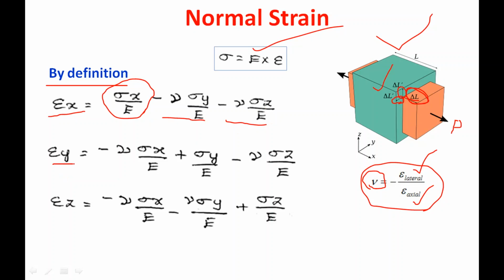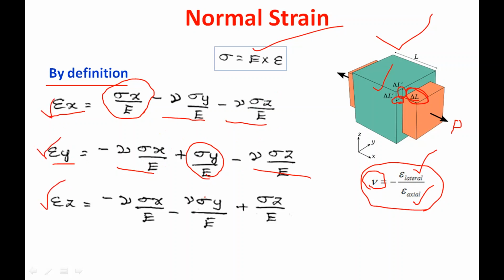Now epsilon y. Similarly, when you write it, it is sigma y by E, right? This is the strain along the y direction. Then these are the lateral strains produced by the loads acting in the other two directions, so that is also subtracted here to find the net strain along the y direction.